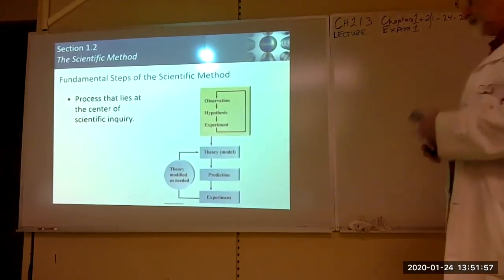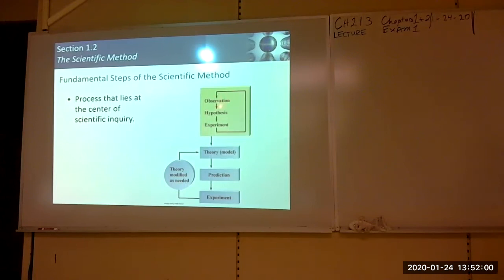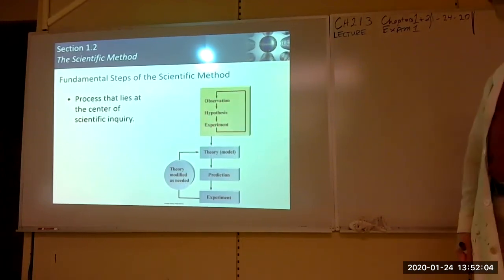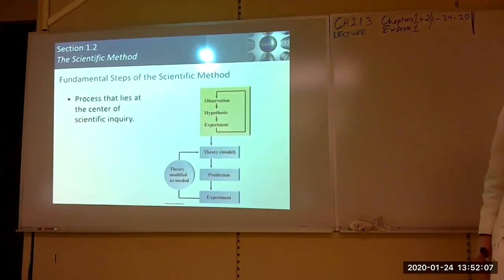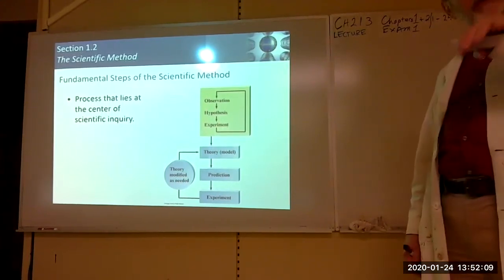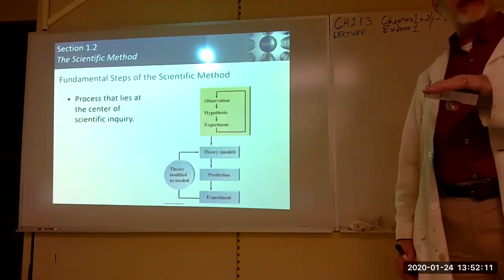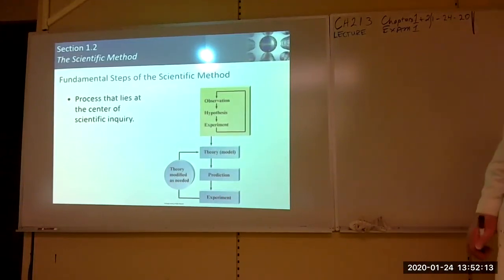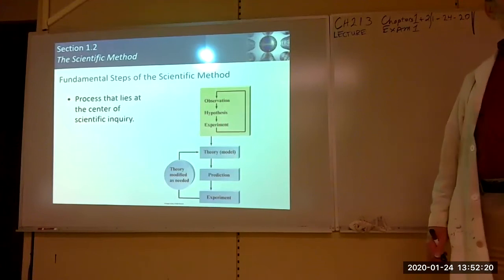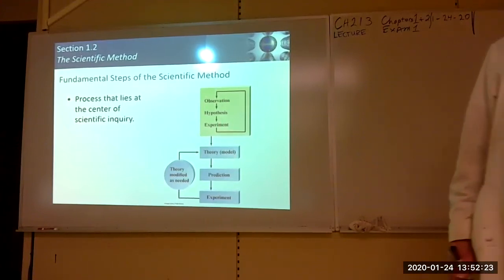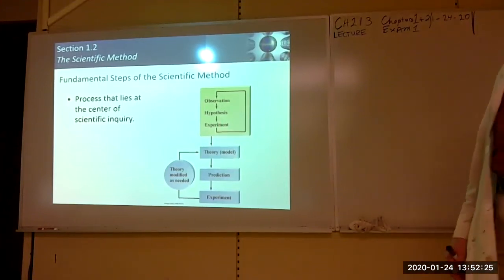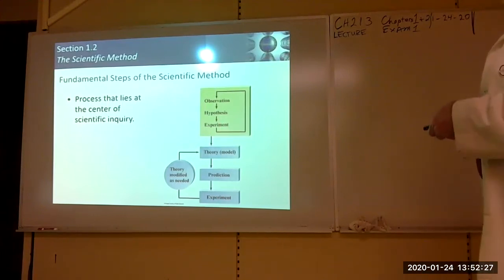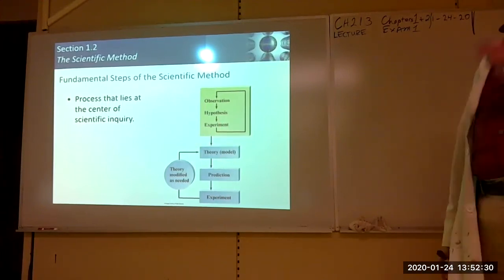Now, what can happen is, after you've done several cycles here, you may start to develop an idea as to why, underlying microscopic reasons for something happening. So you may compile all of your results here into a theory, which usually involves creating a model too. I'll talk about a model in a minute. But that theory attempts to explain why something happens.